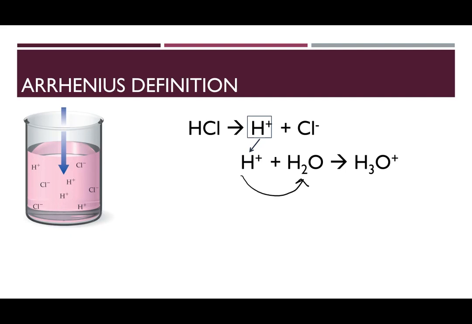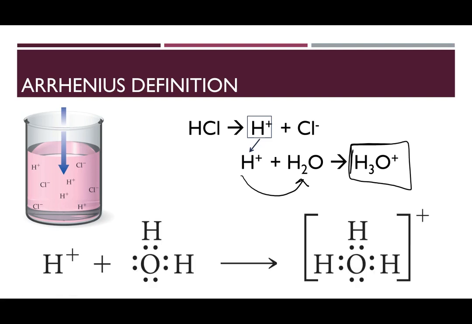If it latches on to this molecule of water, it becomes this molecule right here, H3O. This molecule is called the hydronium ion. When these hydrogen ions are in the presence of water, they will automatically form this hydronium ion.